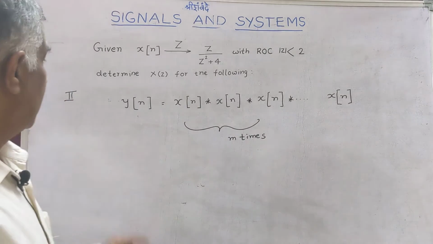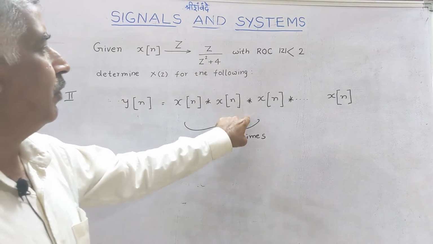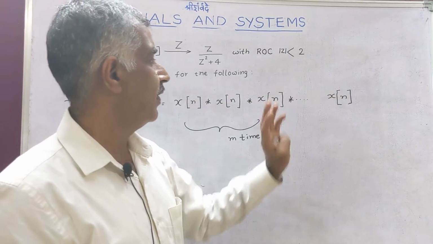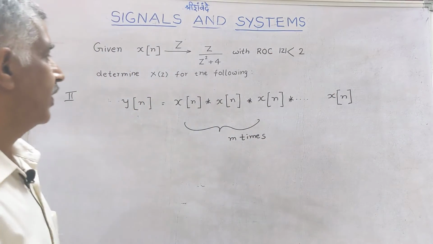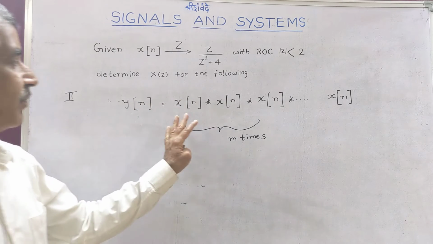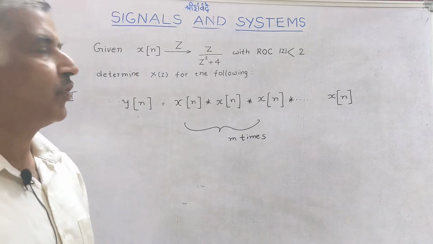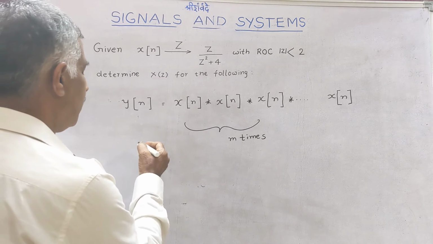Next, y of n equal to x of n convolved with x of n, and in this way it repeats, totally m times. So remember the convolution property.